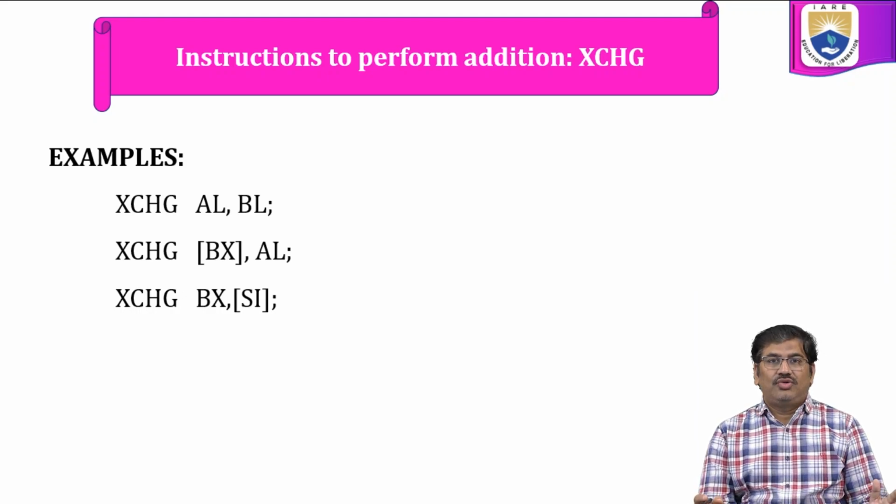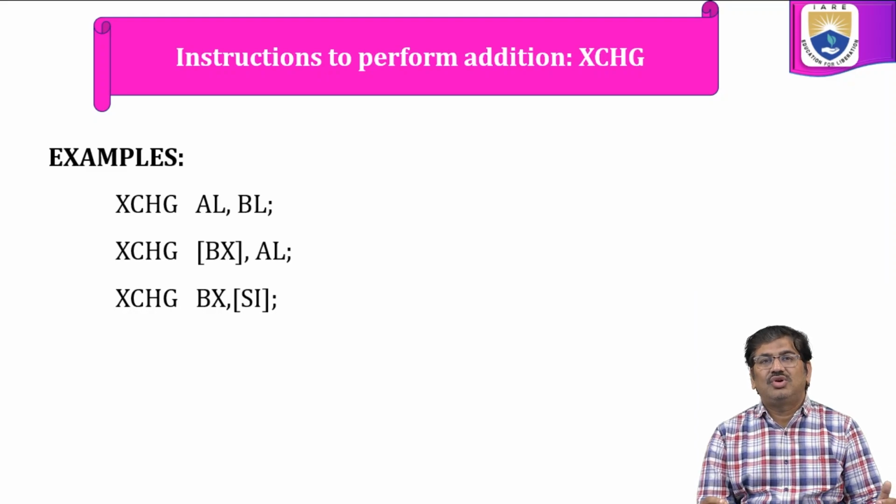Now the contents of BL will be exchanged with the contents of AL. After executing this instruction, AL contents will be placed in BL, and BL contents will be placed in AL. So it is sort of a swapping of the data.